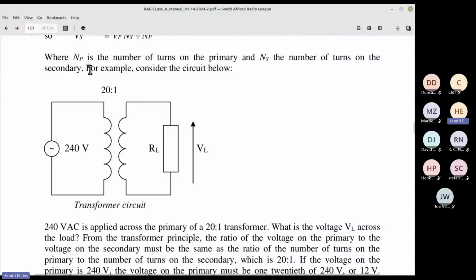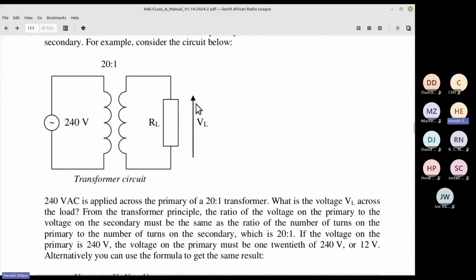But here they have one that's wound 20-to-1, and they say the primary side is 20, so it's 240, and the secondary side, for every 20 on this side, there is 1 on this side.